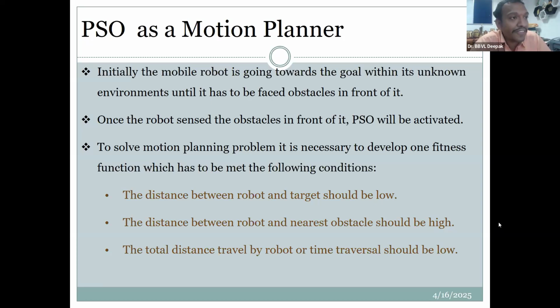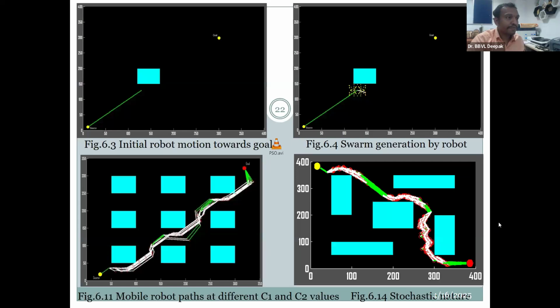Of course, all of you will agree with that, right? The group discusses among themselves, and after this communication, they come up with one solution. So this is the best one. The same application we can implement for a robot's motion. Let us see how.